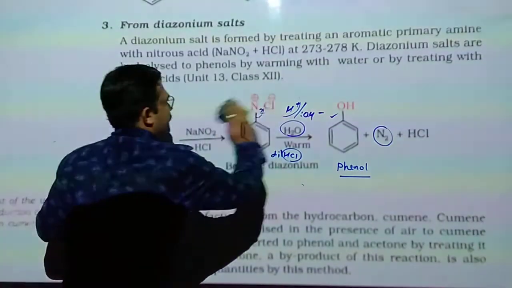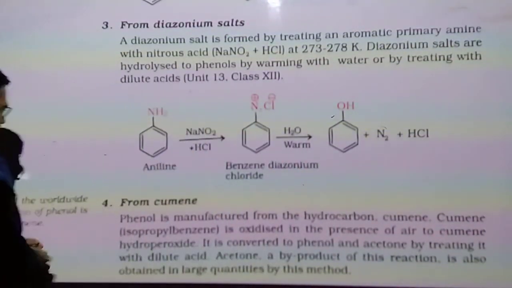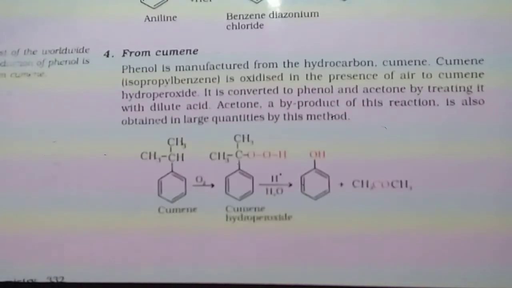Now, the fourth method of the preparation of phenol is from cumene. Phenol is manufactured from the hydrocarbon cumene. This method was given by a scientist, Cumene, so that is called the cumene process.